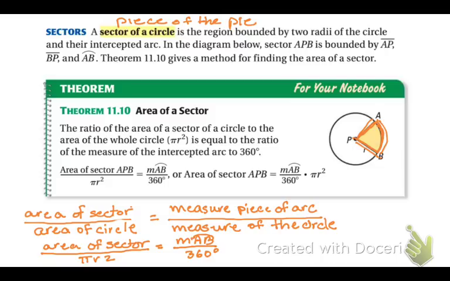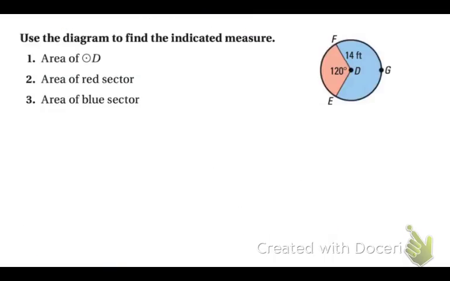Okay, let's give it a shot and see what we can learn from doing some practice. So we're looking for the area of circle D, and so that's the whole area.